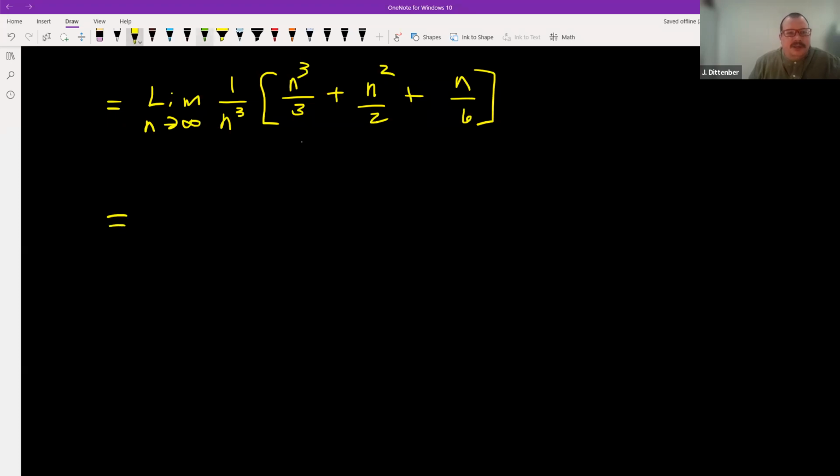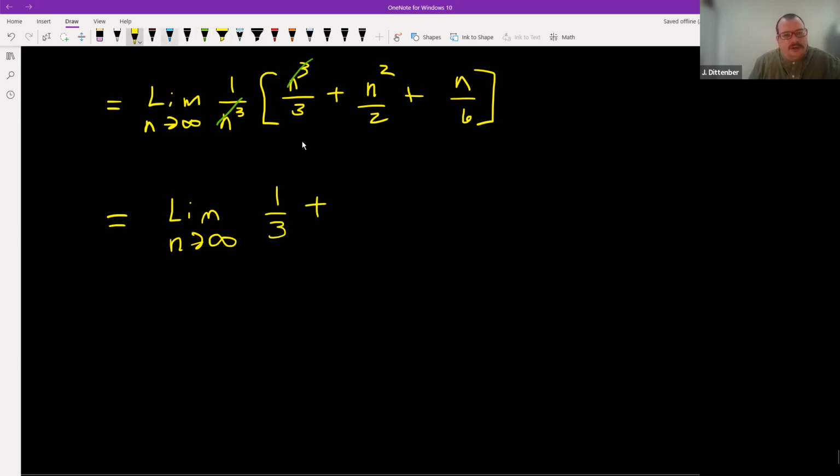So n cubed and n cubed will cancel out, and I'm going to get the limit as n goes to infinity of 1 over 3. Then 1 over n cubed times n squared over 2 gives me 1 over 2n. And then 1 over n cubed times n over 6 gives me 1 over 6n squared.